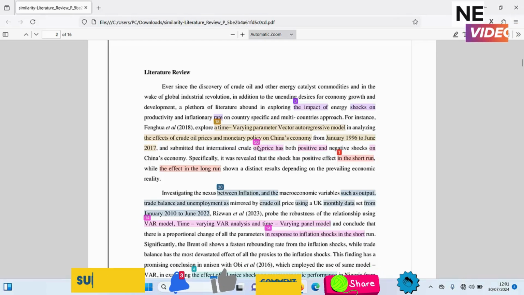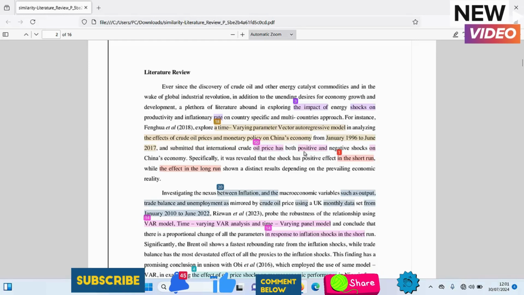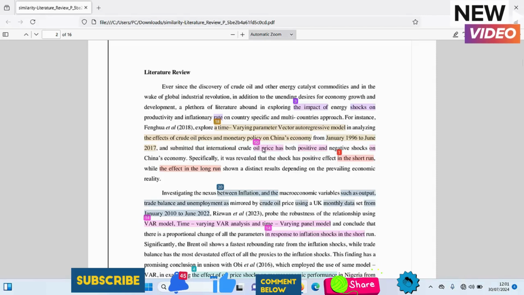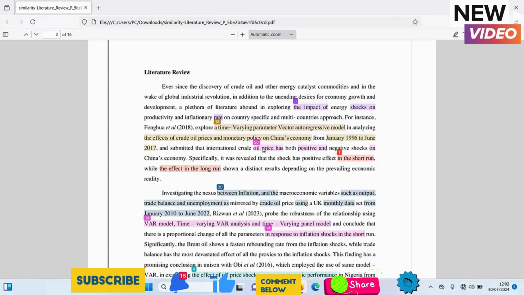And look at this one numbered 50: it says, and submitted that international crude oil price has both positive and negative shocks. So instead of saying crude oil price, you can just say energy or price of crude oil. So by the time you bring price to the back and crude oil remains, once you do that, you will certainly beat the software.